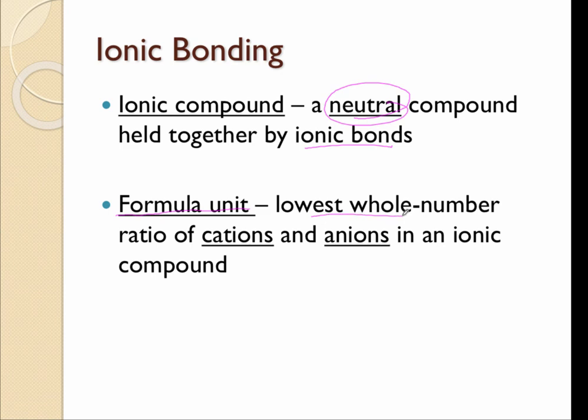This is the lowest whole number ratio of cations and anions in an ionic compound. So it represents the smallest whole number ratio so that I get a neutral compound. It really is the smallest unit of that crystalline structure that identifies the ionic compound formula. And that ends our screencast.